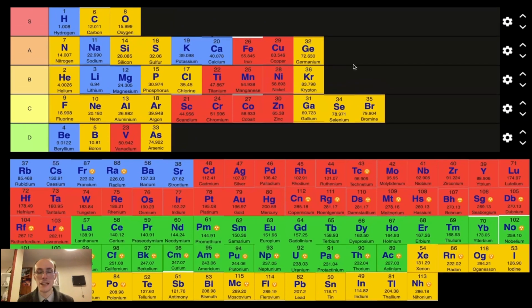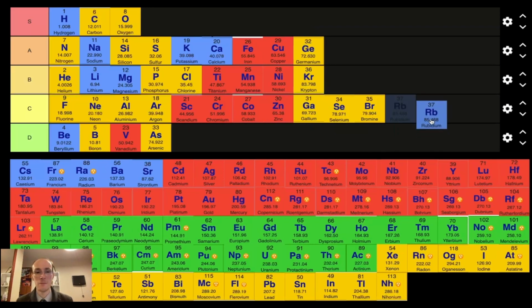Next up is rubidium. If you've been following along, you know once you get to a noble gas, you're at the end of the periodic table, so it's time to start a new S shell with rubidium, element number 37. It's ever so slightly radioactive. It's not radioactive enough to get a radioactivity symbol on this tier list.